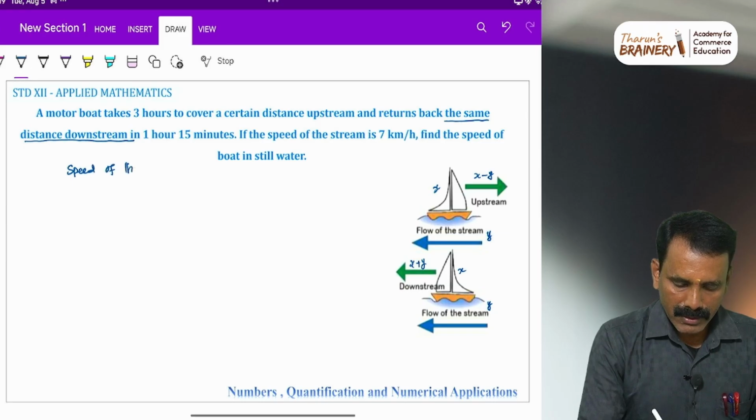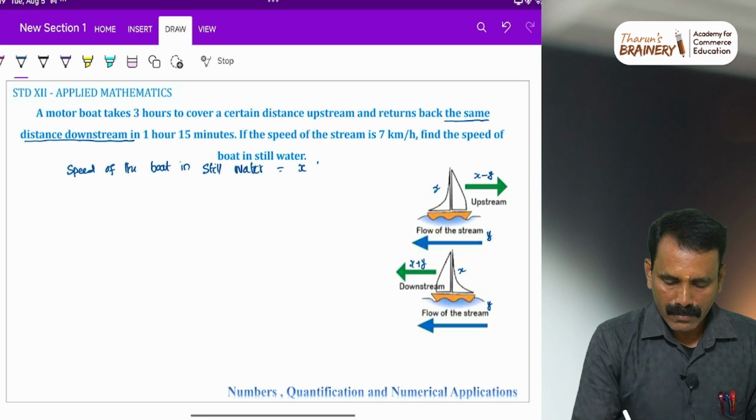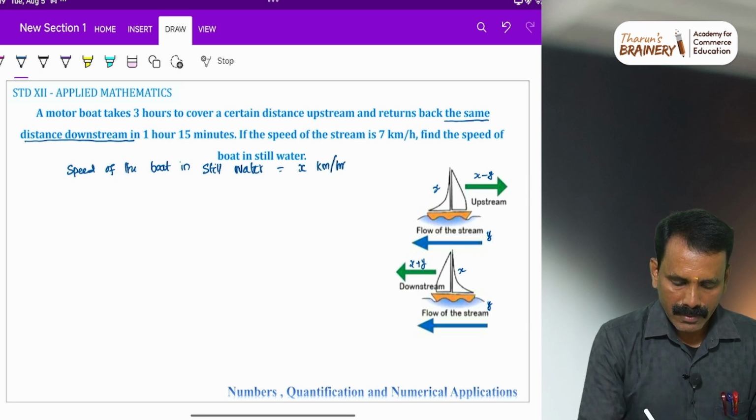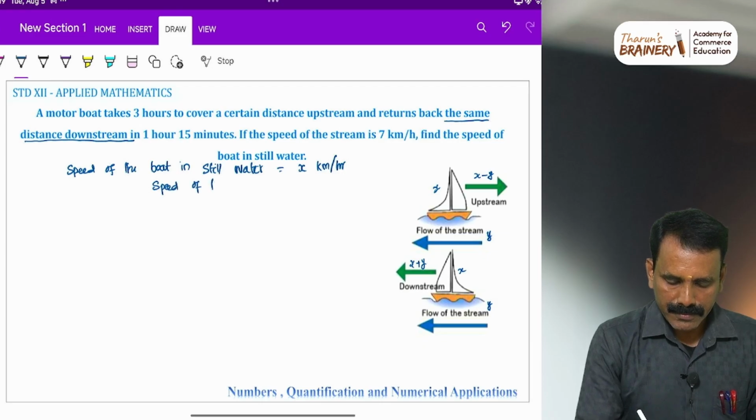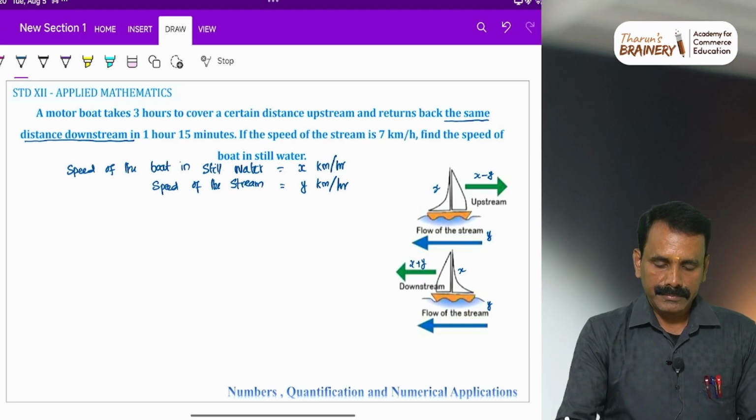Speed of the boat in still water, x km per hour. Speed of the stream, y km per hour.